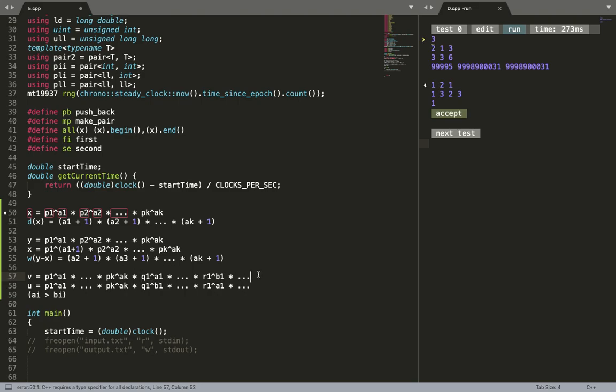When we multiply or divide by some prime, we either increase or decrease this power, and the length of the edge will be the product of (ai plus 1) for all the primes except the one we changed.